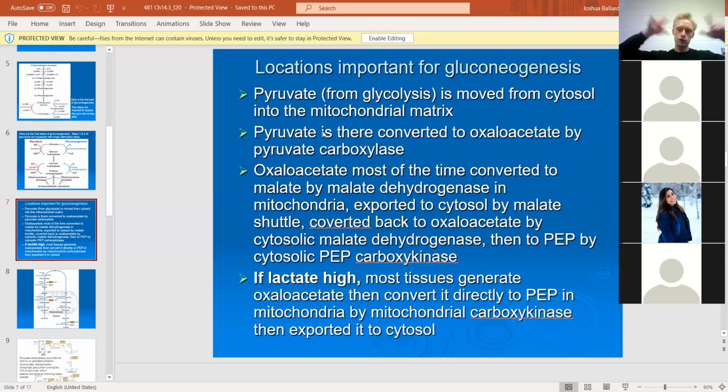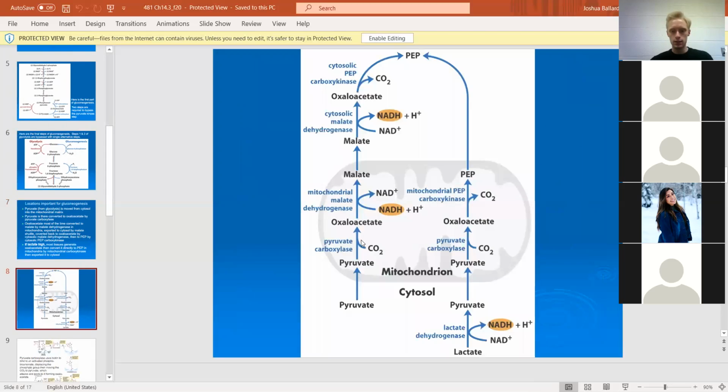At the end of glycolysis, we have all these pyruvate molecules in the cytosol, but in order to convert back to glucose, pyruvate needs to go into the mitochondrial matrix. There is an enzyme there called pyruvate carboxylase. In both of these conditions, pyruvate carboxylase is the key enzyme which converts pyruvate to oxaloacetate.